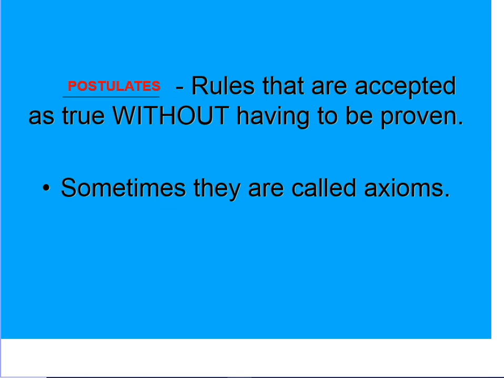Through our textbook and other textbooks, sometimes you see theorems, which do have to be proven, listed as postulates because they've been such common knowledge throughout the years, so sometimes theorems turn into postulates. But we'll just keep in mind, when we say a postulate, we're talking about a statement or a rule that is accepted without having to be proven.